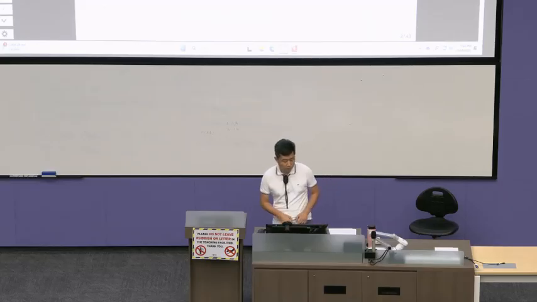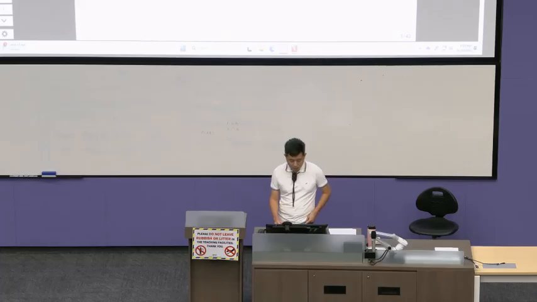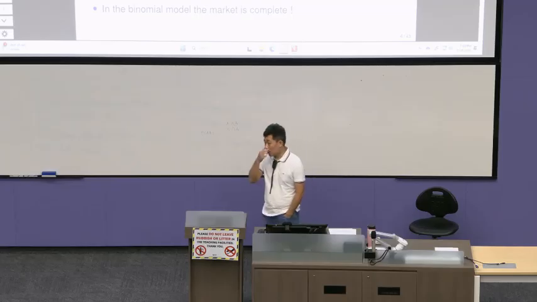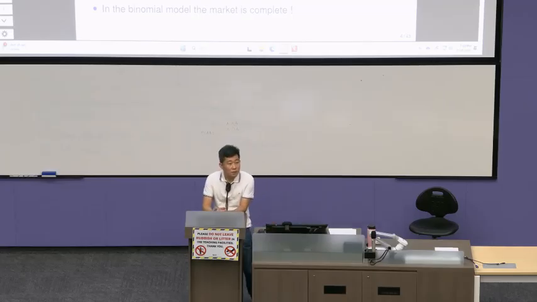So today we're going to finish the binomial model and the trinomial model. They are all discrete models. And then we will start our journey into continuous time stochastic processes. Recall the binomial model. We create a portfolio which consists of alpha dollars in the money market account and beta shares of the underlying.